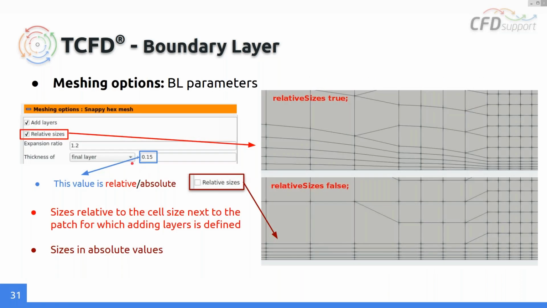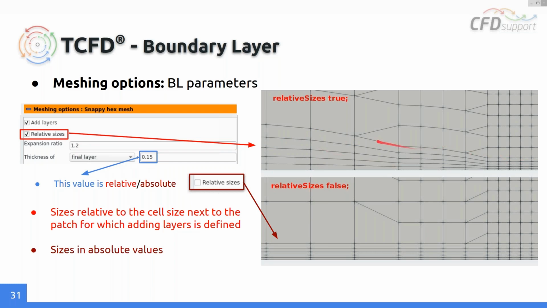So what does it mean? For the parameters, the relative sizes: if you enable the relative sizes, then these parameters are relative to the cell at the wall, or at the patch to which you are adding the boundary layer.